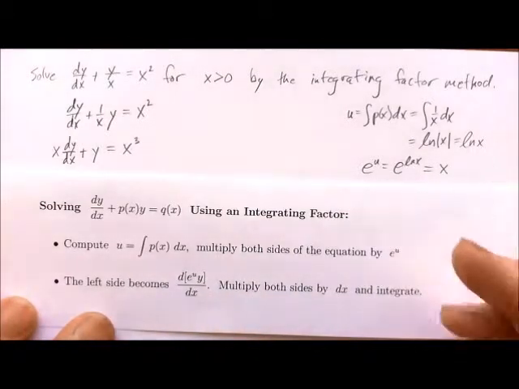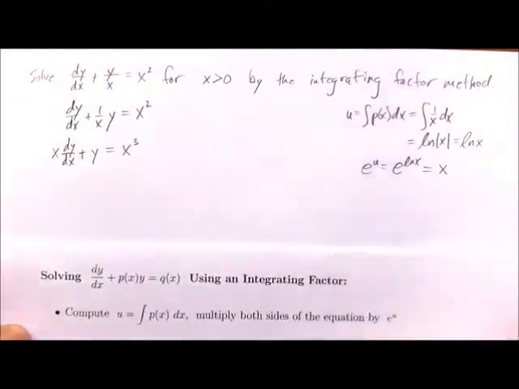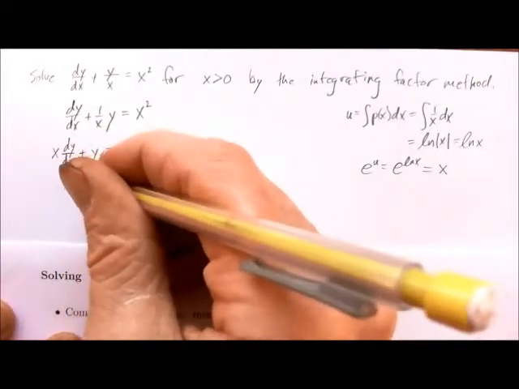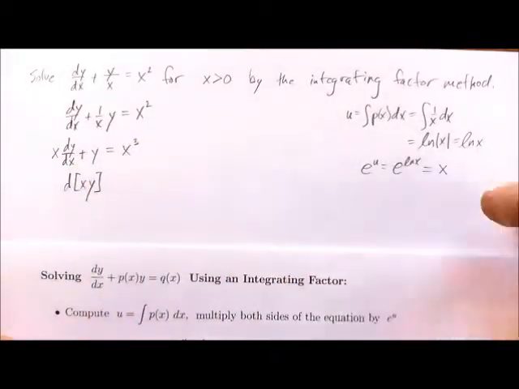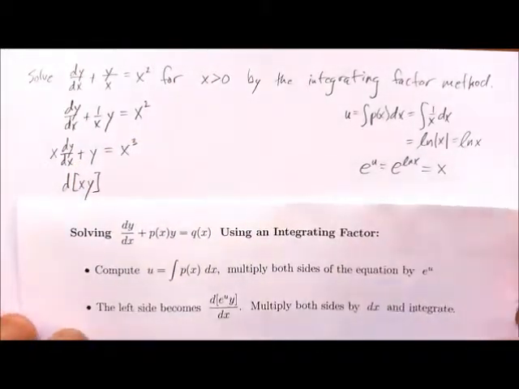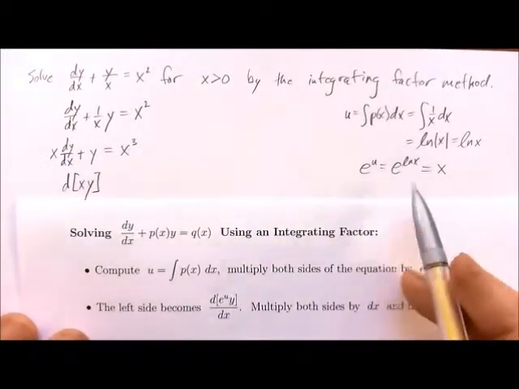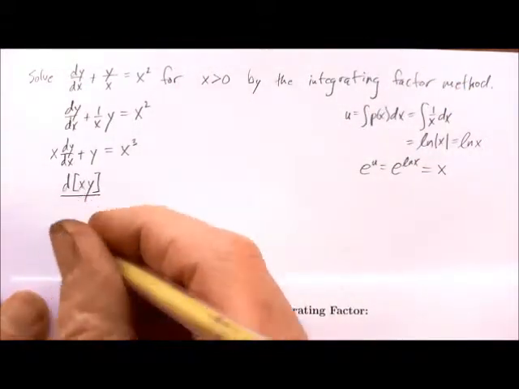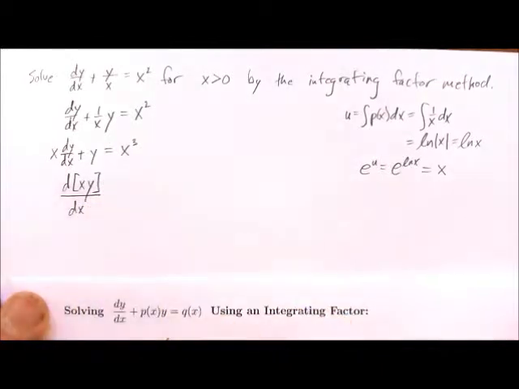And e to the u is x, so this left side turns out to be d of x y. Okay, that's our e to the u y is xy. And then with respect to x, dx, so this is the derivative of the entire quantity, d of xy.